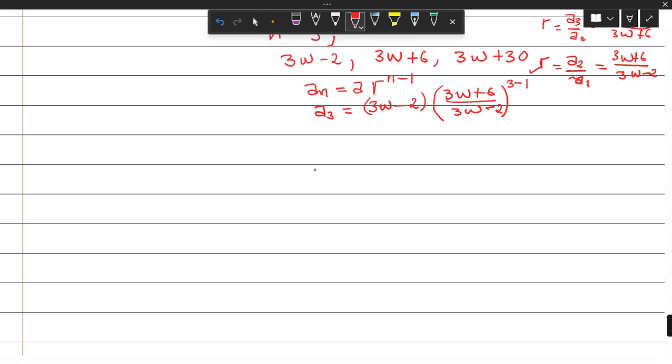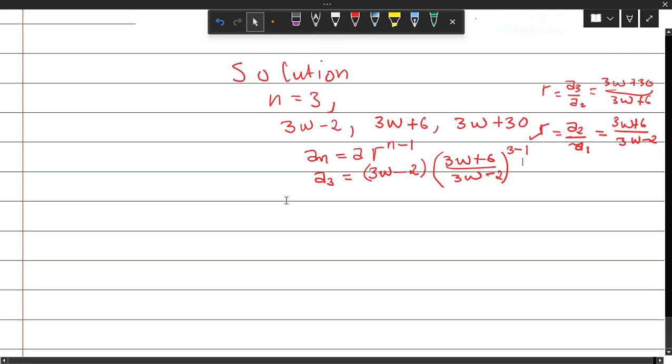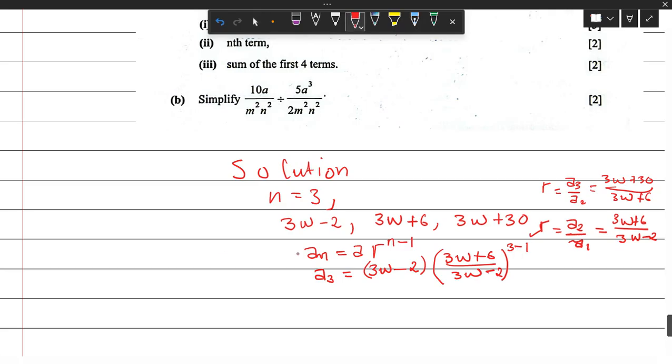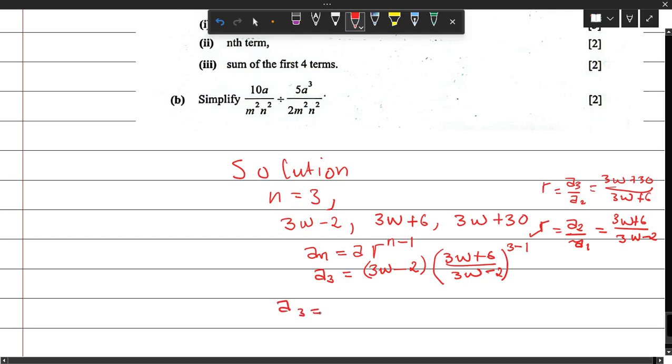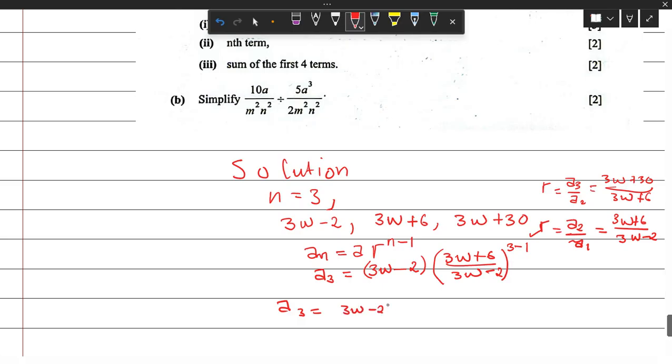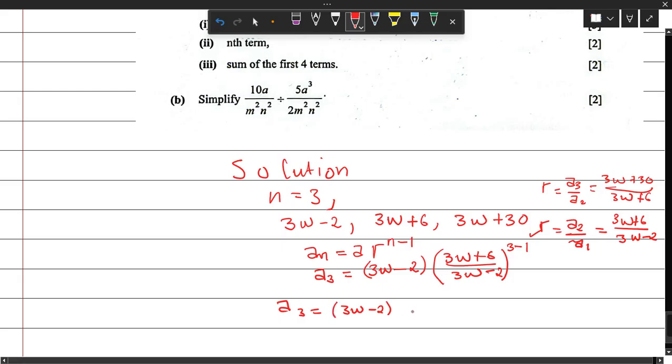So I will rewrite here so that I write nicely. So we have A3 equal to 3W minus 2. Okay, so we can just put in brackets. Then R is 3W plus 6 divided by 3W minus 2 to the power what?